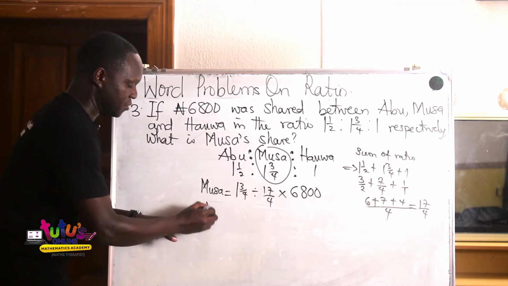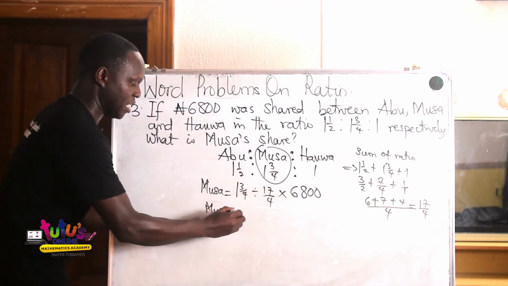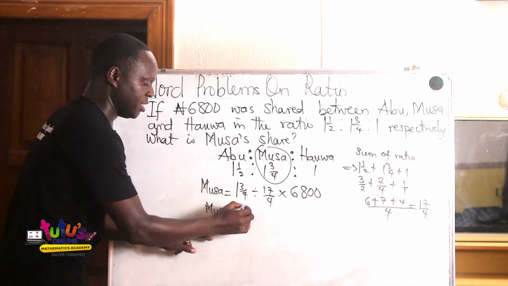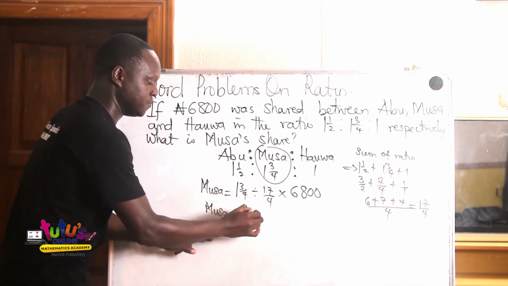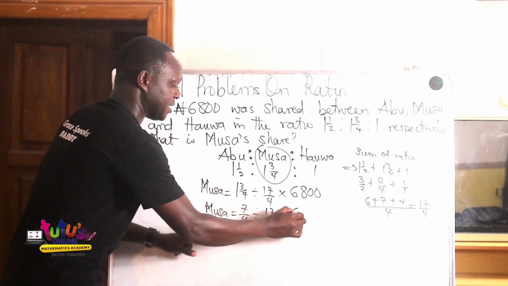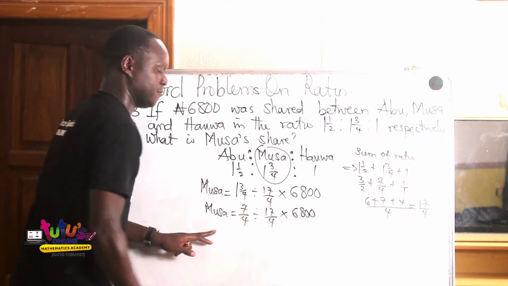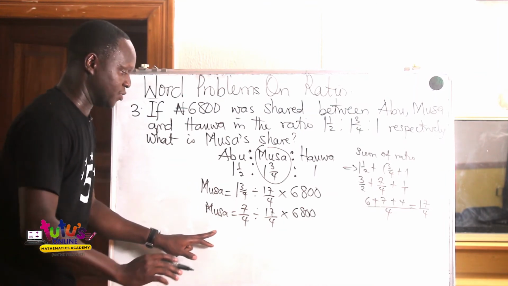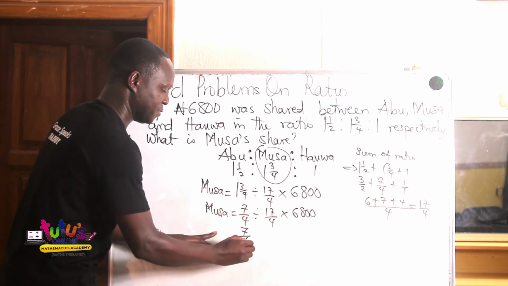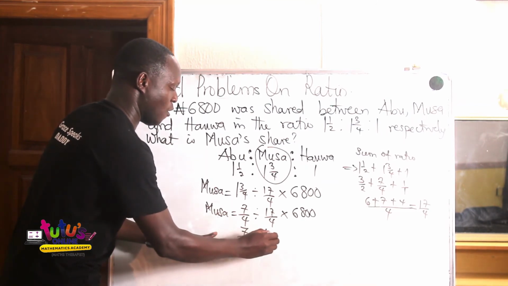So let's proceed. Musa will now be equal to 4 times 1, 4 plus 3, 7 over 4, divided by 17 over 4 times 6,800. So take it little by little, step by step, precept by precept. 7 over 4 times 4 over 17.